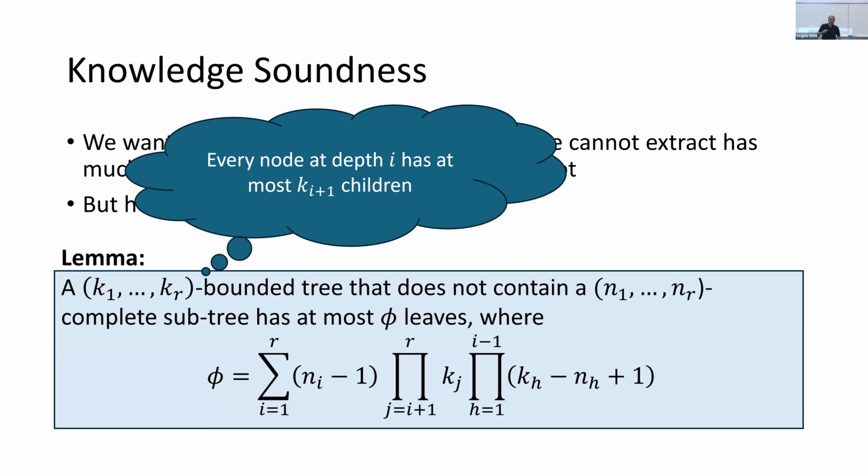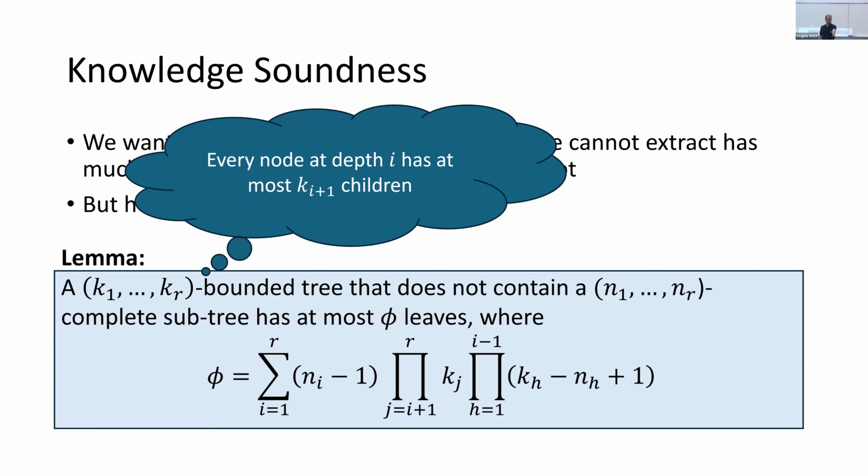And in addition, this tree doesn't have a special soundness tree within it, right? Because otherwise we can extract and the prover failed. So this essentially bounds the number of trials that a malicious prover that tries not to induce a special soundness tree has in order to find a good transcript.